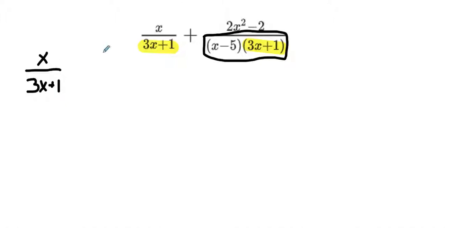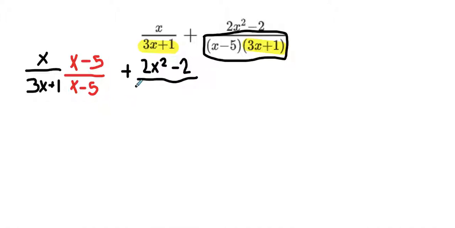I want to multiply that by x minus 5 over x minus 5. And then we are going to add that with 2x squared minus 2 over x minus 5 times 3x plus 1.